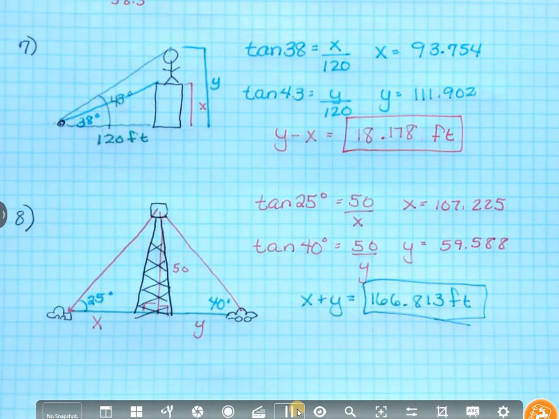Okay. Number 7 and 8. Seven was 18.178 feet. 8 was 166.813 feet. Questions on those? Did I get a different answer than you?